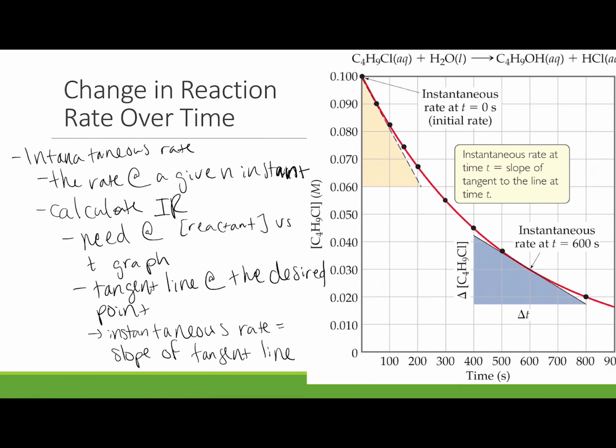And that slope of the tangent line, remember, is the change in y over the change in x.